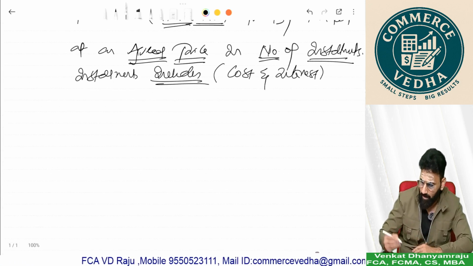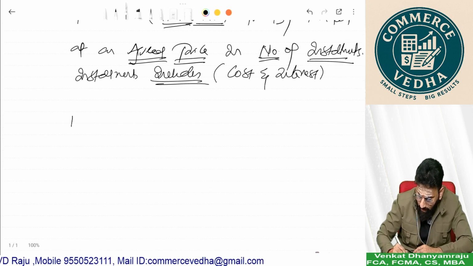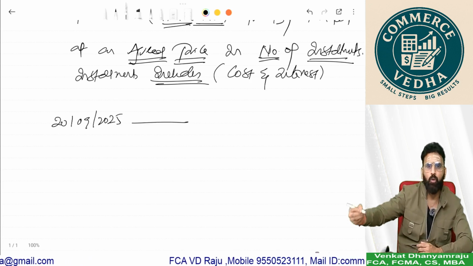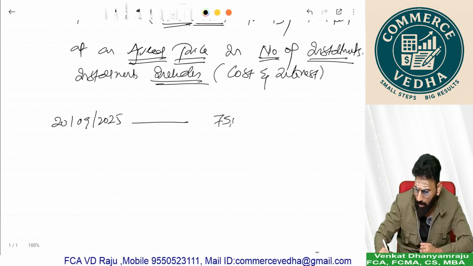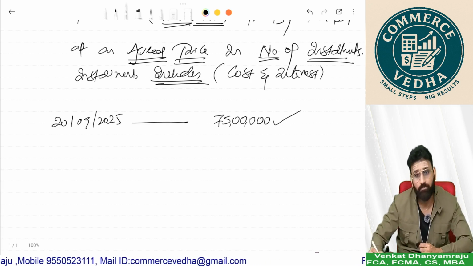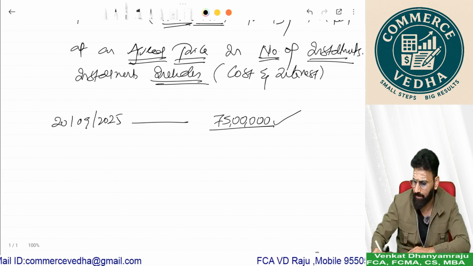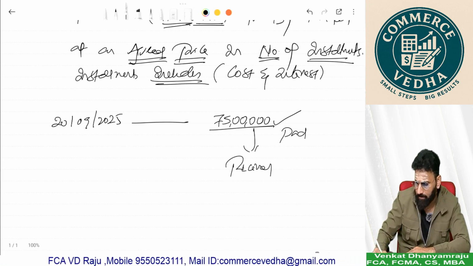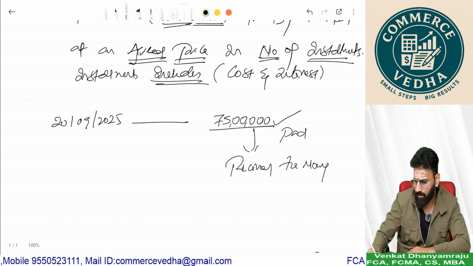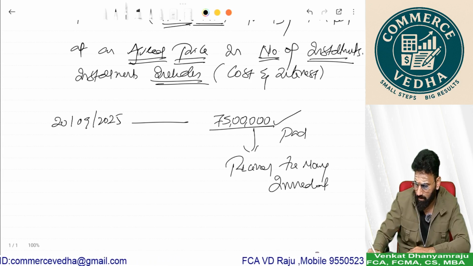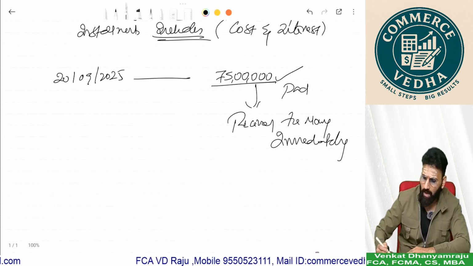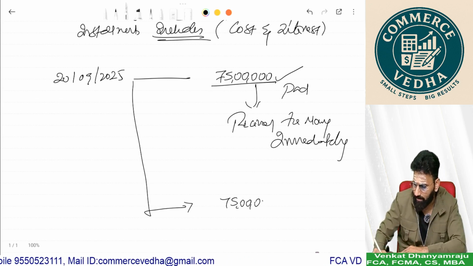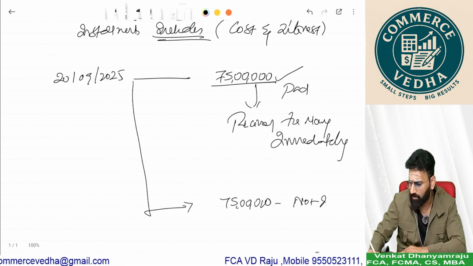We'll see here. Say today, 20th September 2025, I went to a shop and purchased a heavy vehicle for 75 lakhs. I went and purchased and I paid. It means the seller received the money immediately. And a second person also approached the seller to buy the asset, but not in cash.